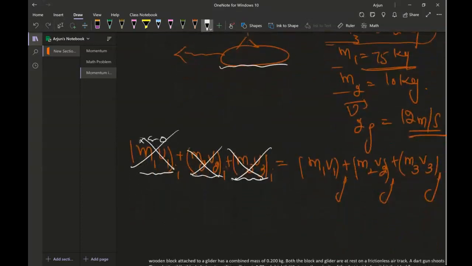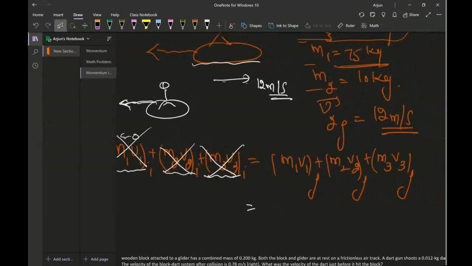Now on the other side, we wanted to find out with what velocity this person who is sitting in the kayak will move once the harpoon is thrown with the velocity of 12 meters per second. Obviously he's going to move in the opposite direction because of Newton's third law.